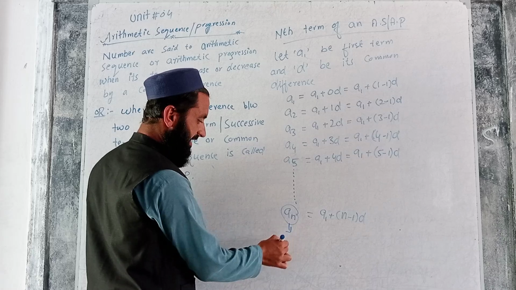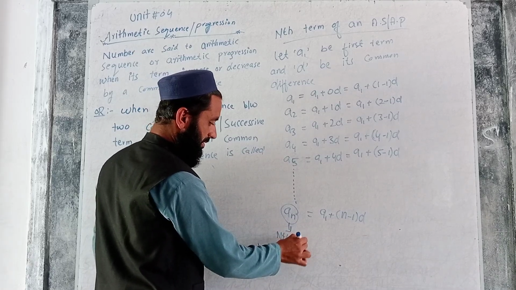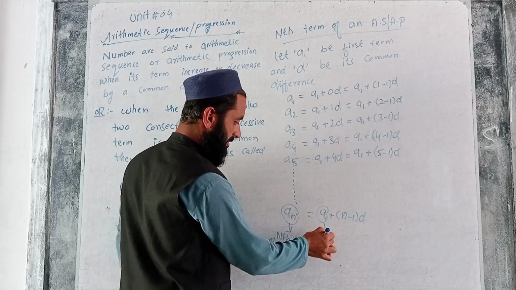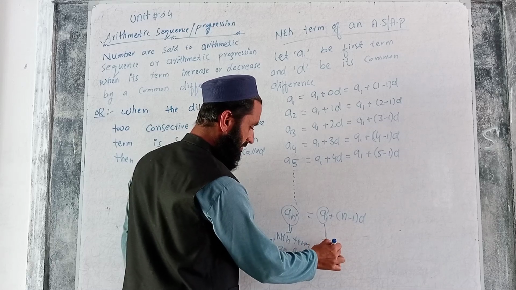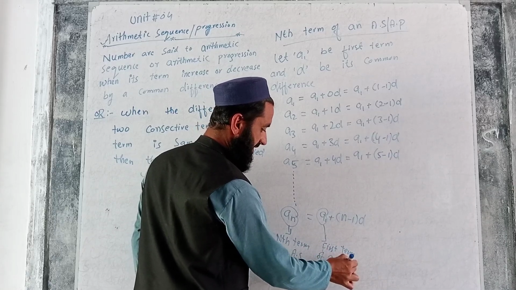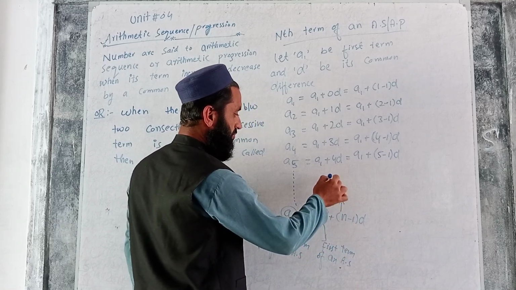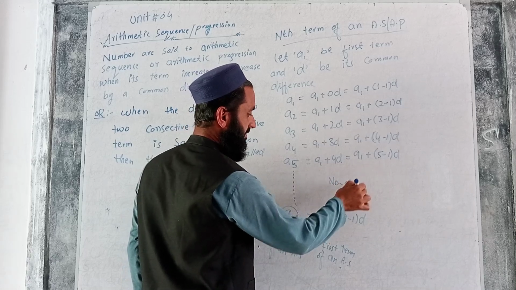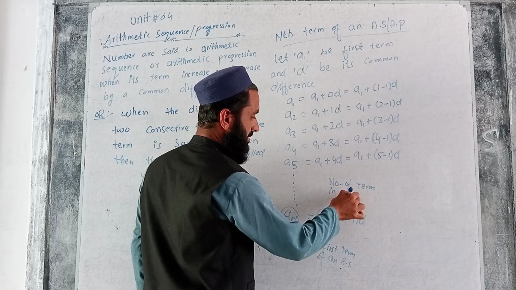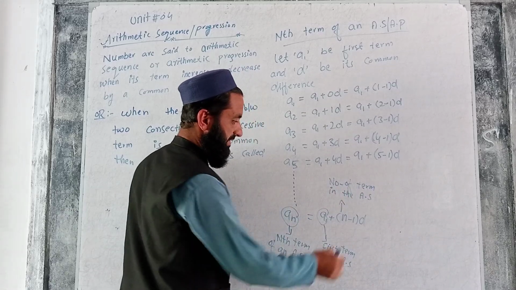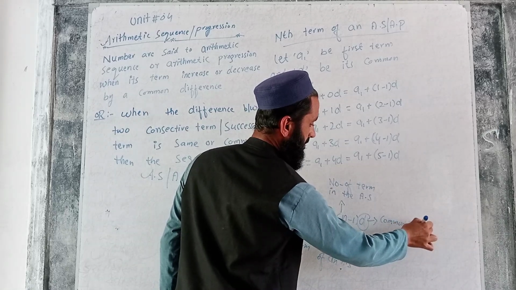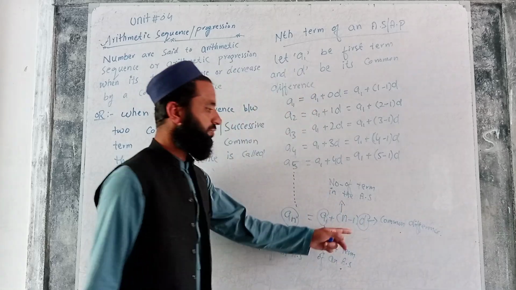Here An is the nth term of an arithmetic sequence, A1 is the first term of an arithmetic sequence, and n shows the number of terms in the arithmetic sequence, where D shows the common difference.